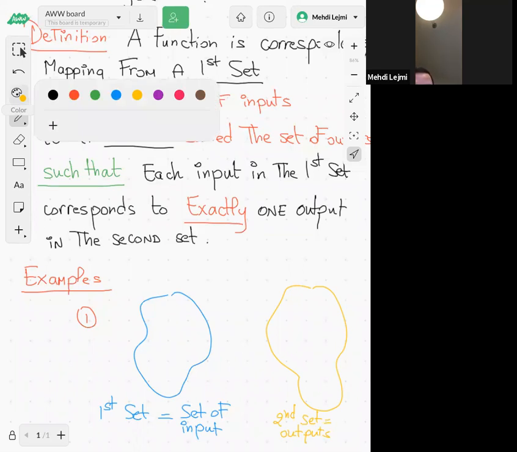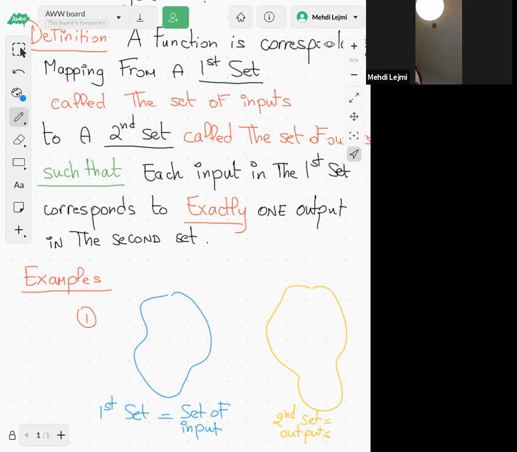Let's say in the first set I have four points. Here's my first point, my second point, my third, and my fourth point. So in the first set I have four different values, and in the second set I have, let's say, three different values.